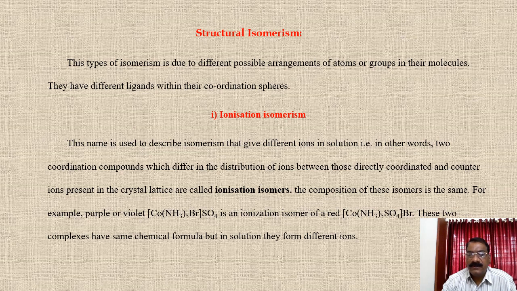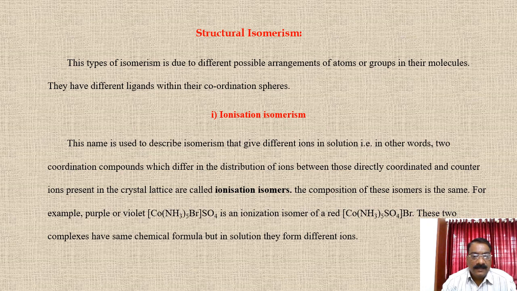That is, in other words, two coordination compounds which differ in the distribution of ions between those directly coordinated and counter ions present in the crystal lattice are called ionization isomers. The composition of these isomers is the same.